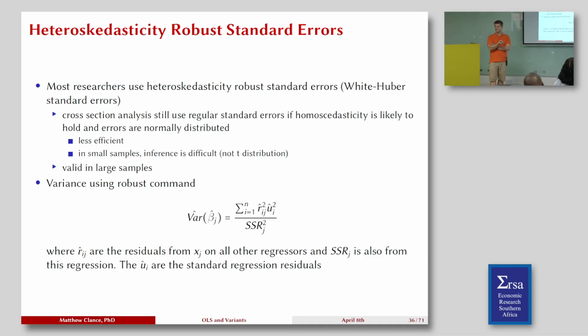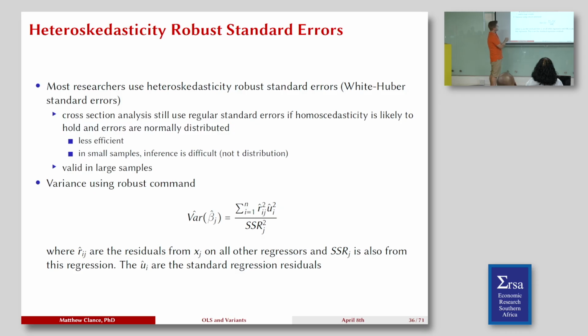A lot of times we talk about testing, which I don't think I did here, but you should in some ways test it. Again, that's not really what people do most of the time. I'm trying to give you the idea of what people do in research versus what we're supposed to do. So just keep that in mind. Even so, it should be valid in large samples if we're using those robust standard errors.